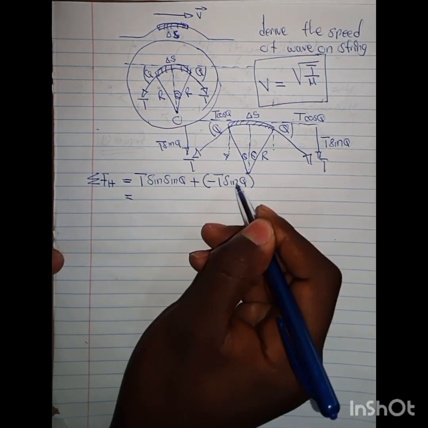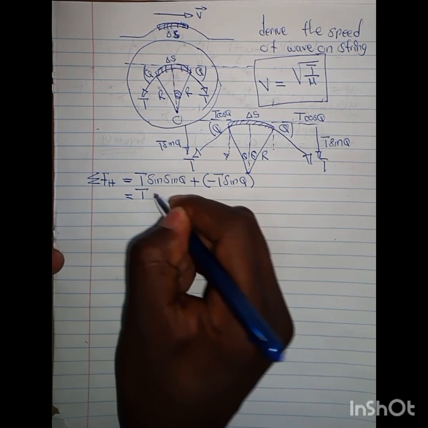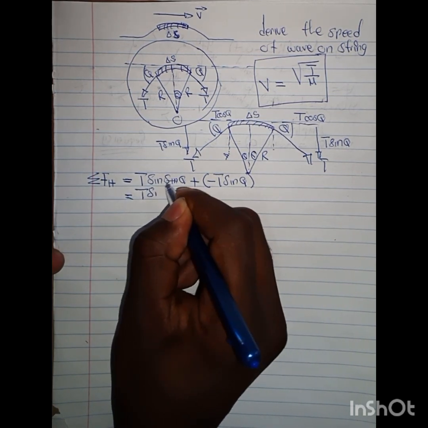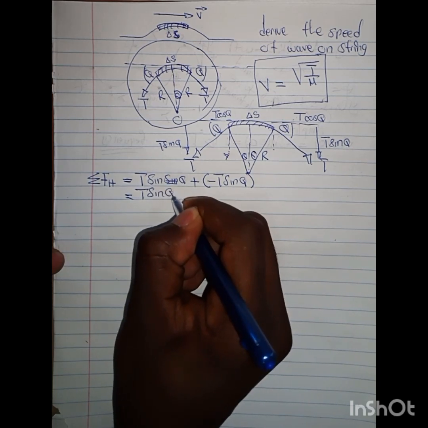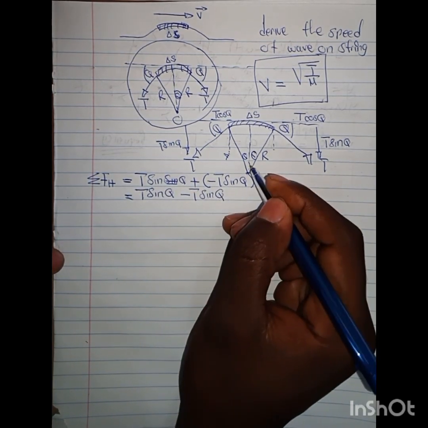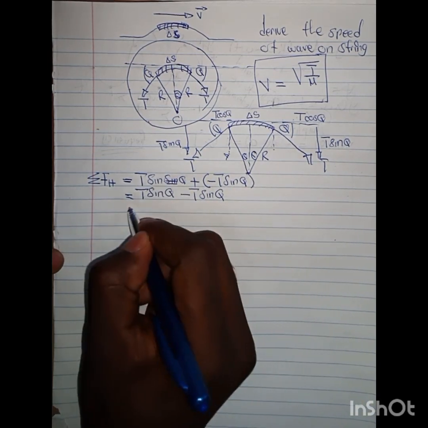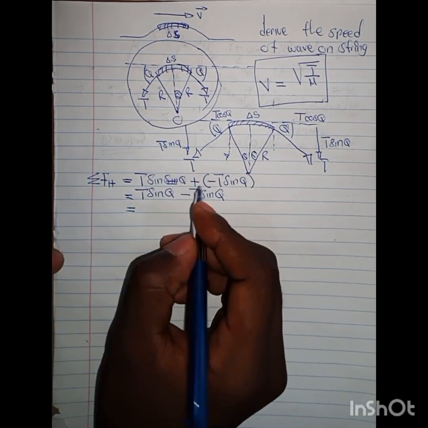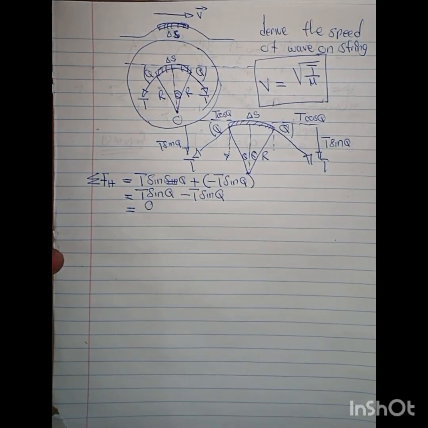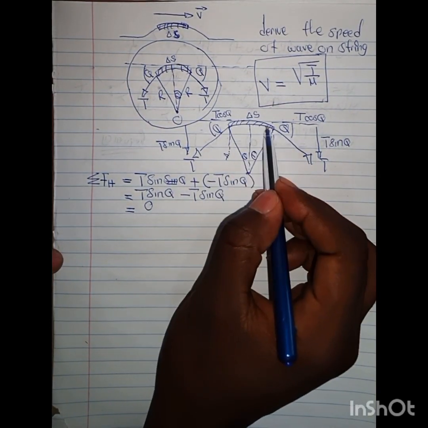They are the same, so the sum of the horizontal components, being in opposite directions, adds up to 0 on this element.